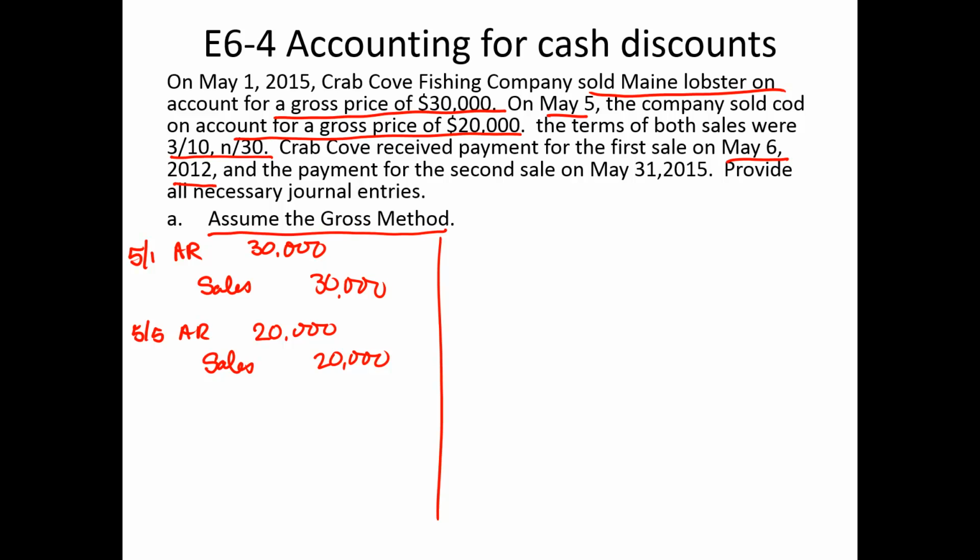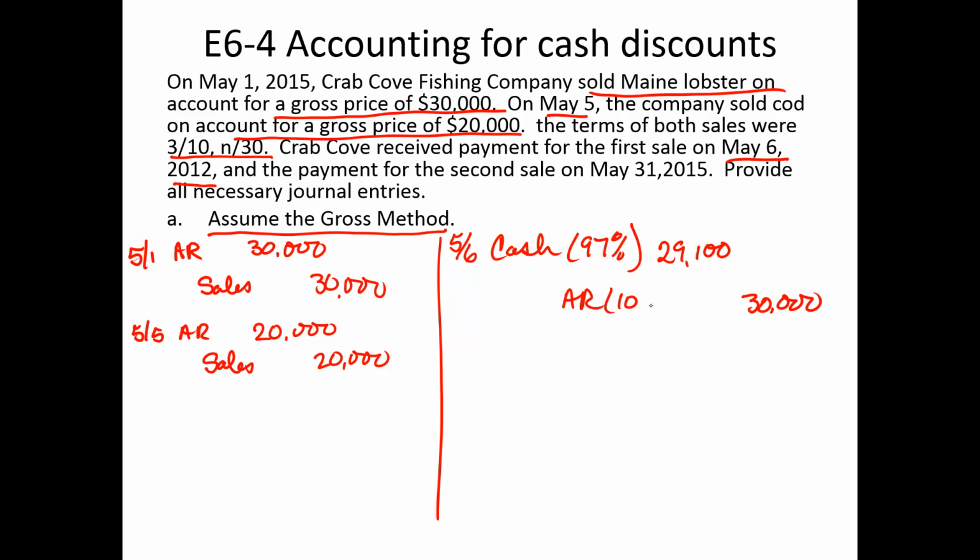They only need to pay cash of 97%. So on 5-6, we will only receive 97% of $30,000, or $29,100, in payment of that account receivable of $30,000.